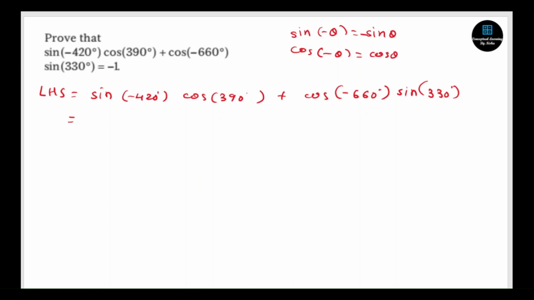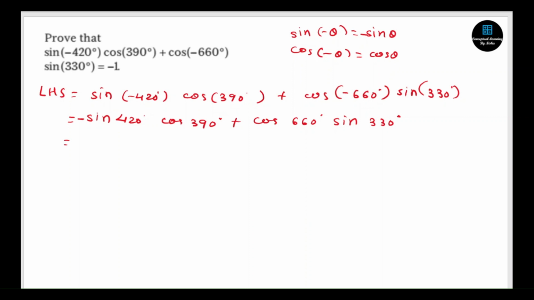Okay. So this won't change. So I can write this as minus of sine 420 degree, then cos 390 degree. Cos minus theta won't change, so this remains cos 660 degree and sine 330 degree.